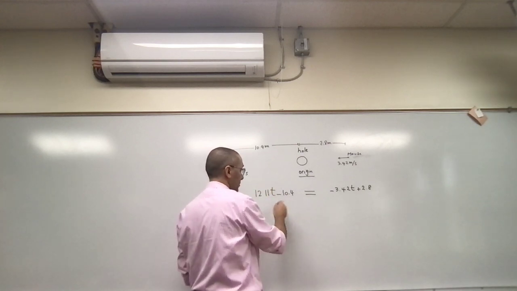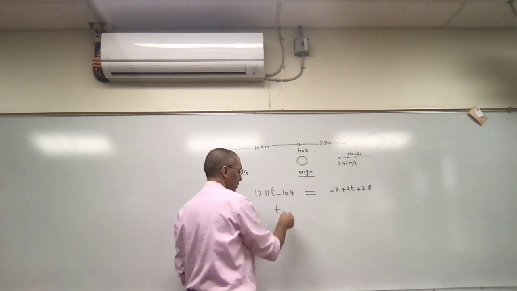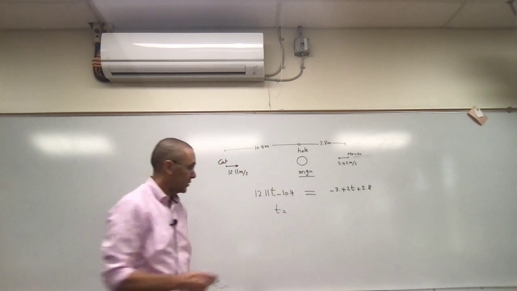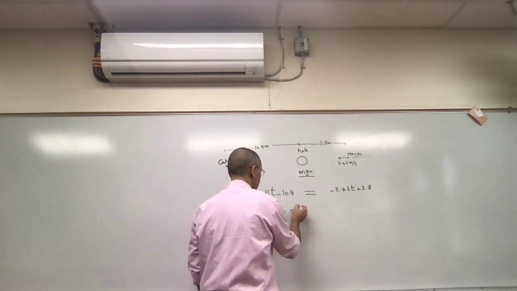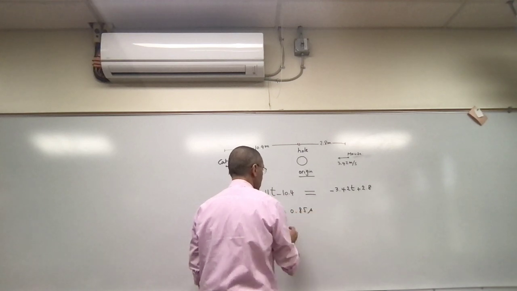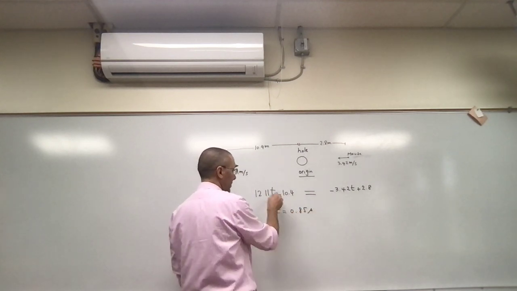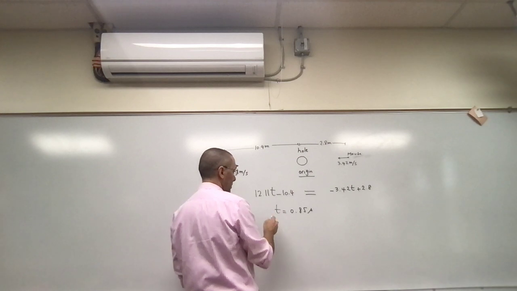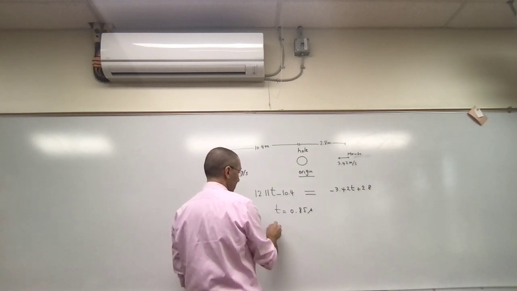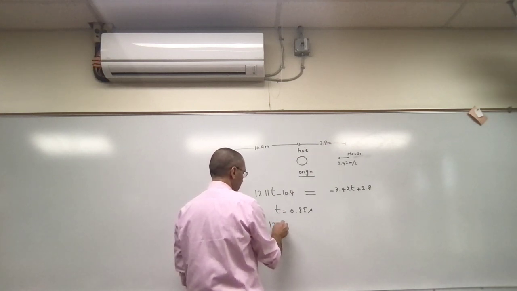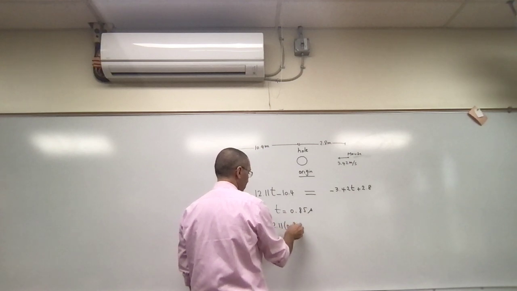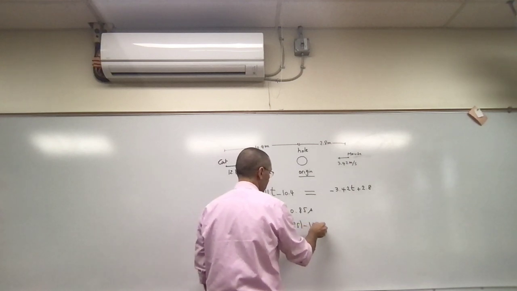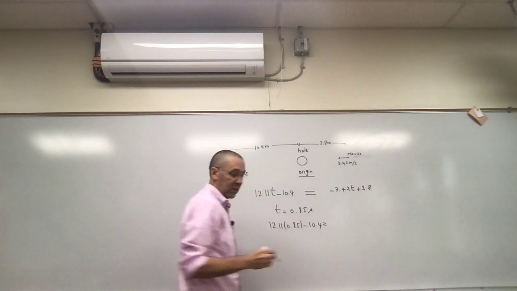If I solve this equation, and I did this earlier, and I'm not going to do it again because you should be able to solve it, it's 0.85 seconds. Now I'm going to take that 0.85 and put it into one of these equations: 12.11 times 0.85 minus 10.4, or I can put it into the other equation.